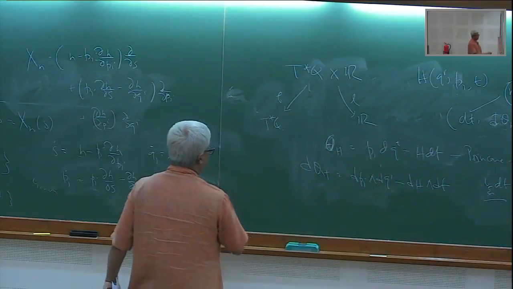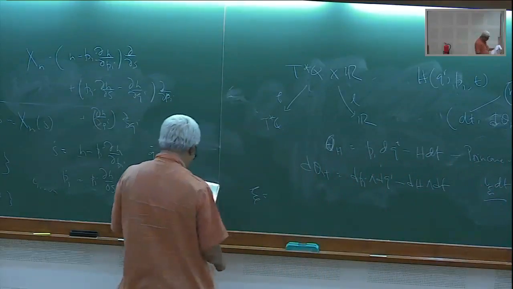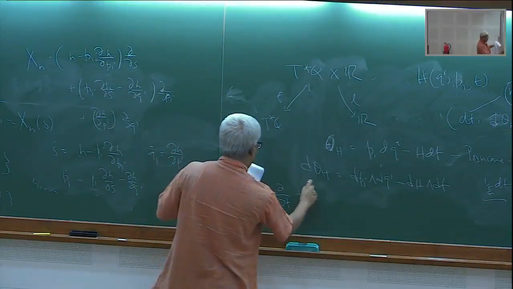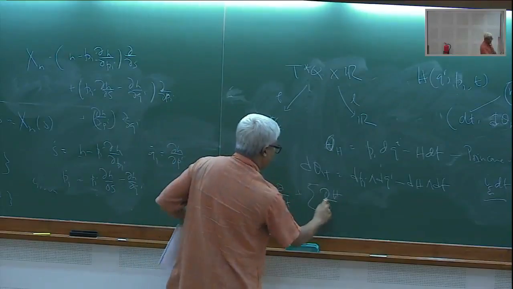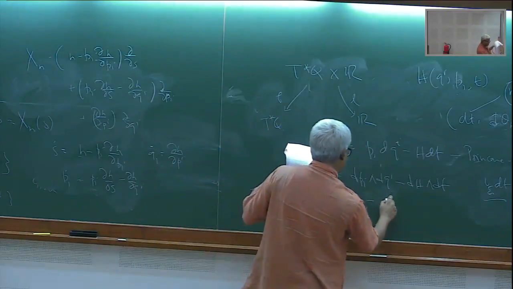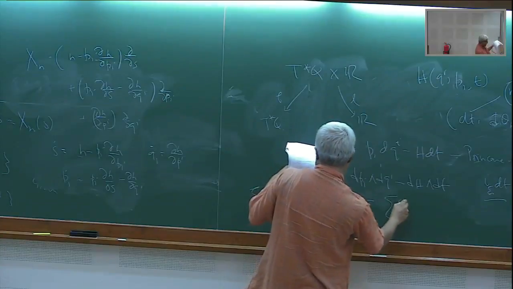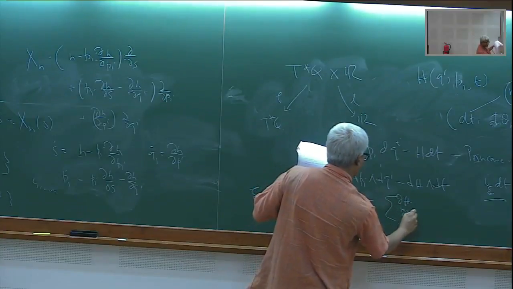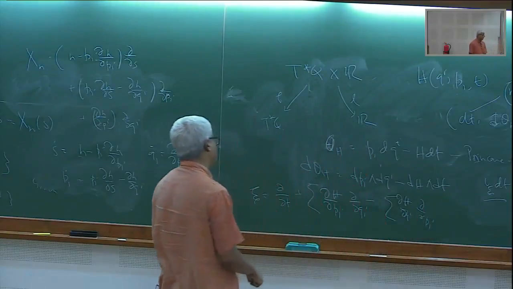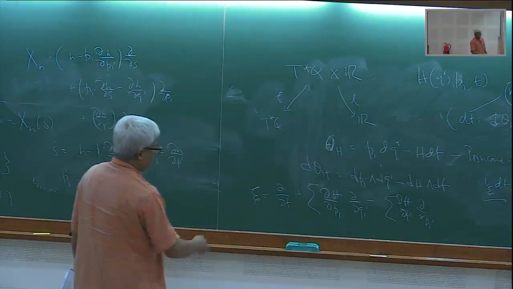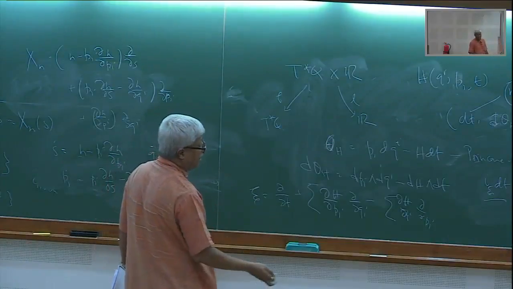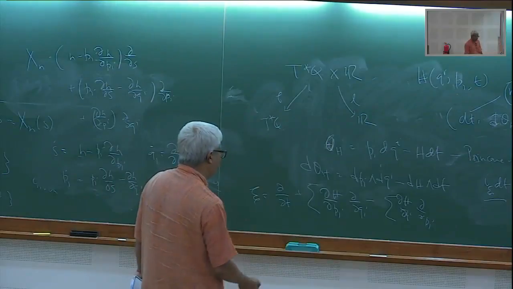Using this condition, you can find only one unique value, that is del t plus del h del pi del qi minus the sum again of del h del qi del pi. So this is again the equations. This is basically the Reeb vector field. It will give you the equations, because that's all.